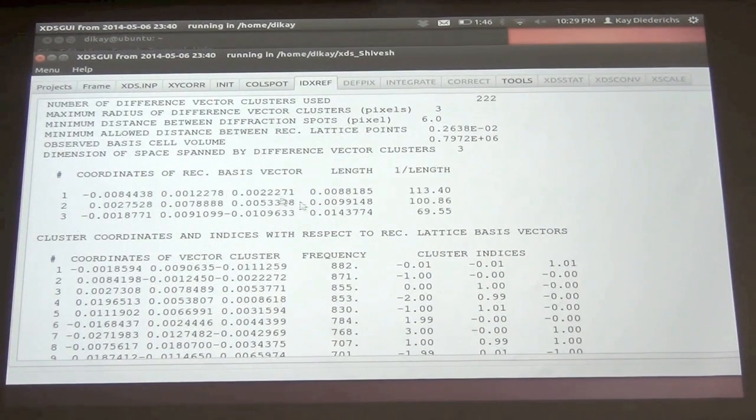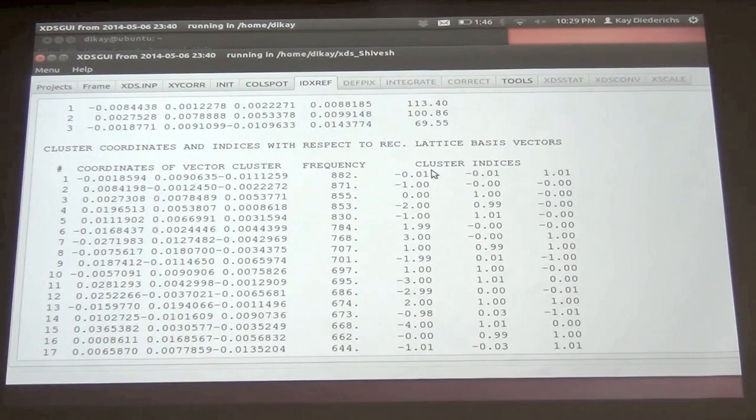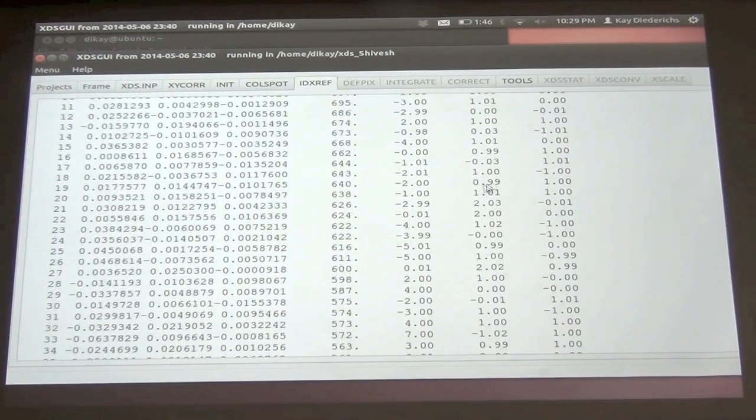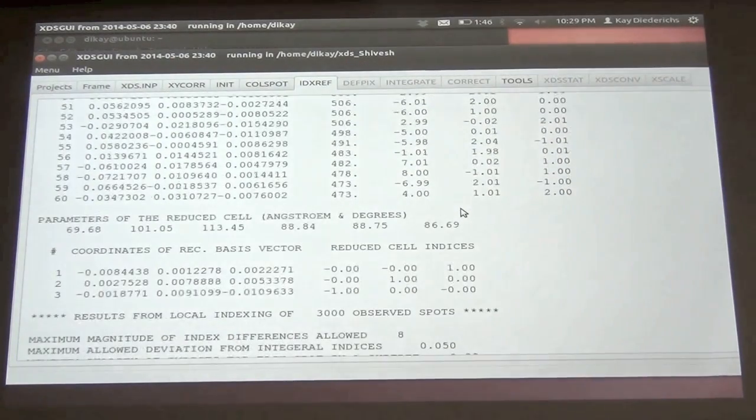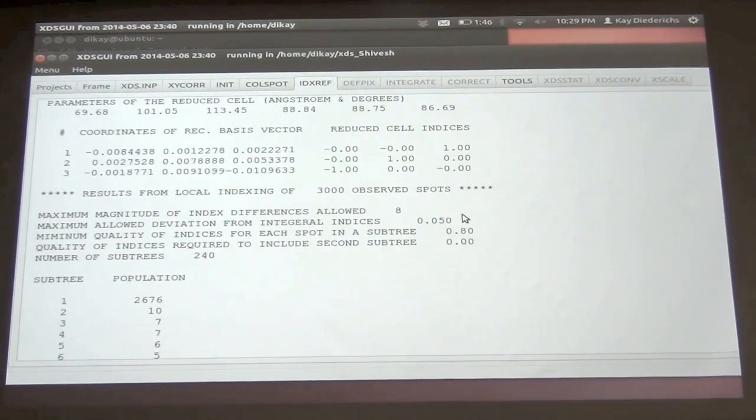The reciprocal cell parameters are given here, 130, 169 angstrom, and the difference vectors are also shown here. They should be integral, right? And actually they are integral, or at least close to integral. If you see something like 0.37 or so, then something is wrong, but in this case it looks quite good.